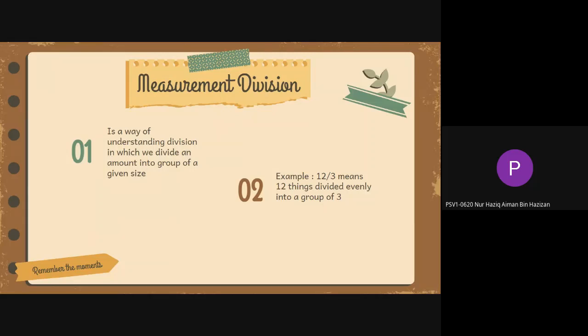So we will have the answer 4. So we have 4 groups, and in each group we have 3. After this, I will share about the example. So I proceed to Khairul.